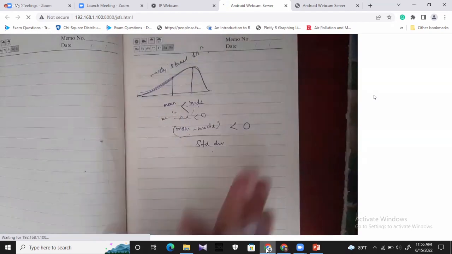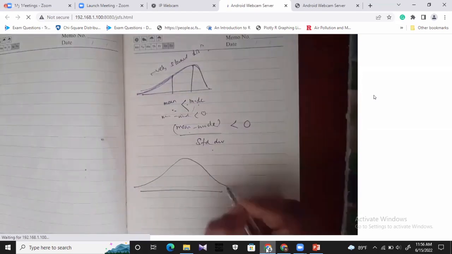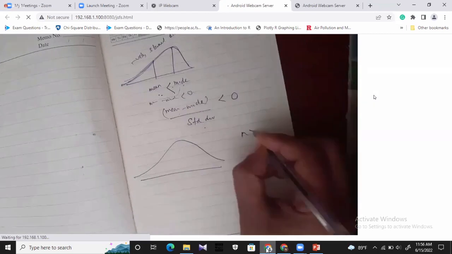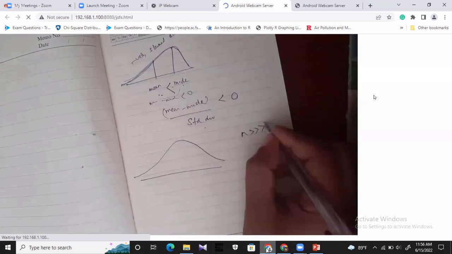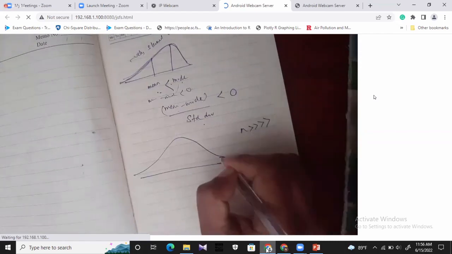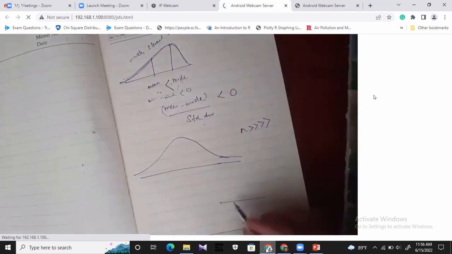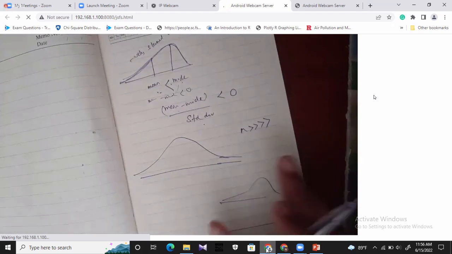Usually, if we can take a large sample, we may have a normal distribution. When the size of the sample gets really large, usually the distribution becomes normal. But if you consider a sample of small size, then definitely that sample may be a skewed one, negatively or positively.